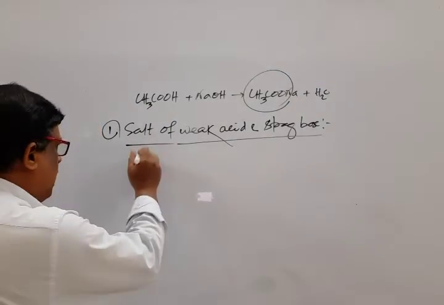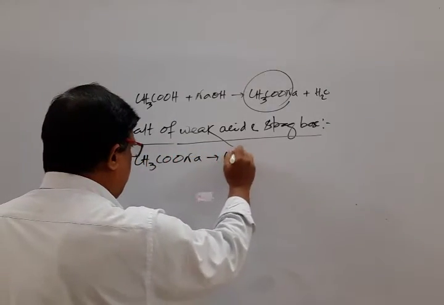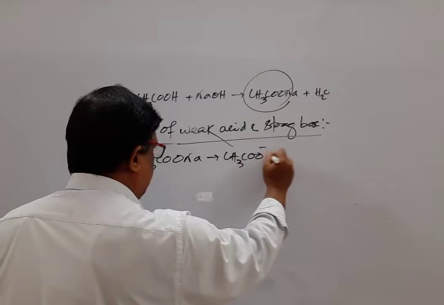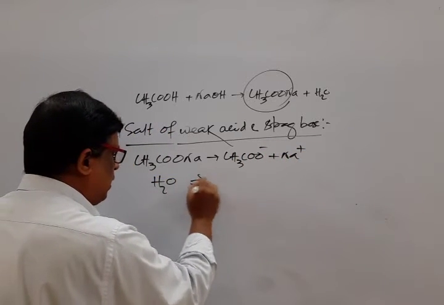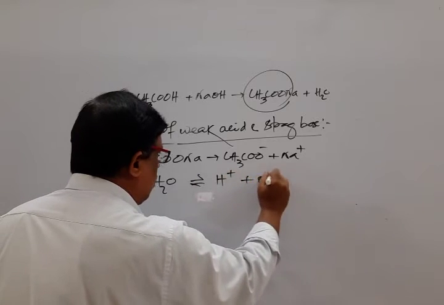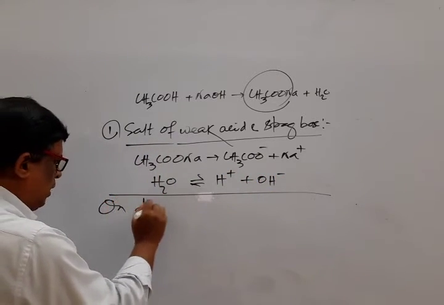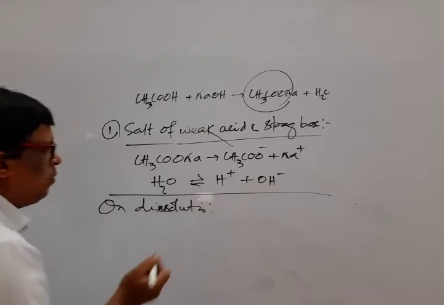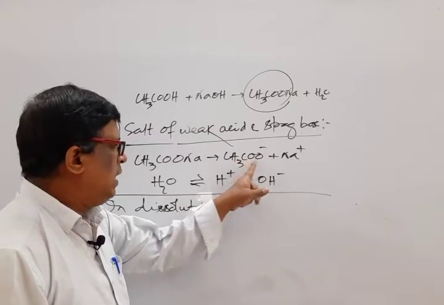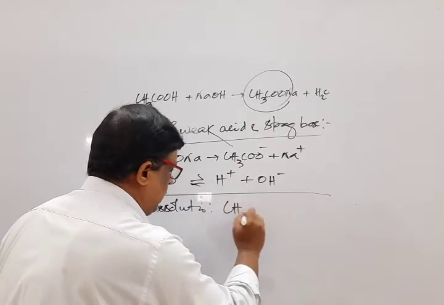Mark that, as it is a salt, it dissociates completely to form acetate ion plus sodium ion. Water, as it is a weak electrolyte, dissociates partially to form H plus ion and OH minus ion. On dissolution, mark that, there is interaction of oppositely charged ions to form acetic acid.